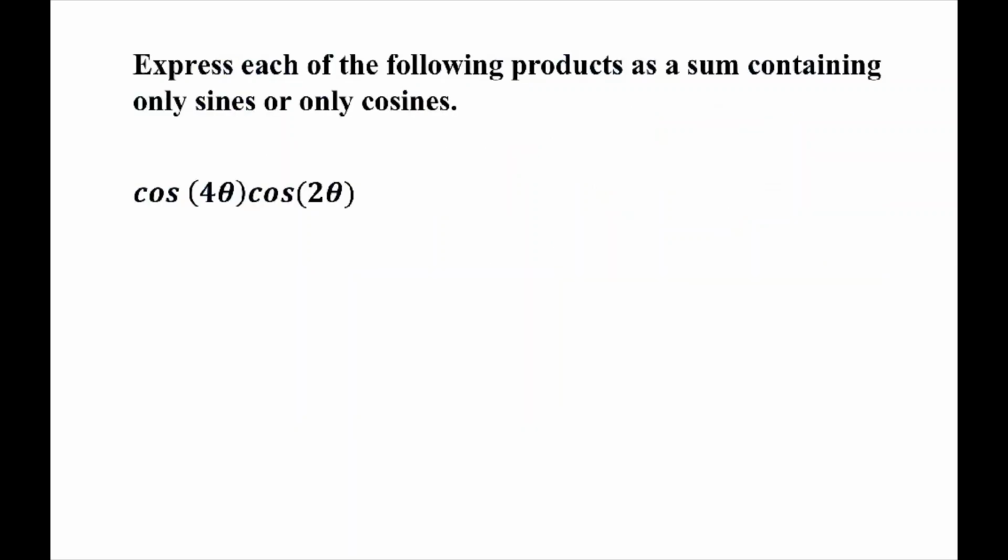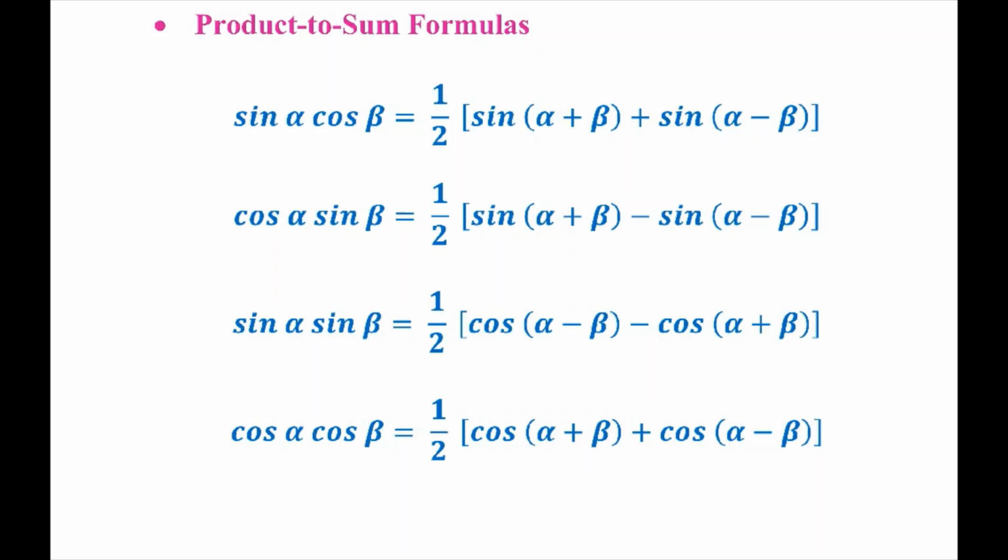Okay. So express each of the following products as a sum containing only sines or only cosines. We are going to convert from multiplication to addition or subtraction. I have cosine multiplied by cosine, so I'm going to use this formula.